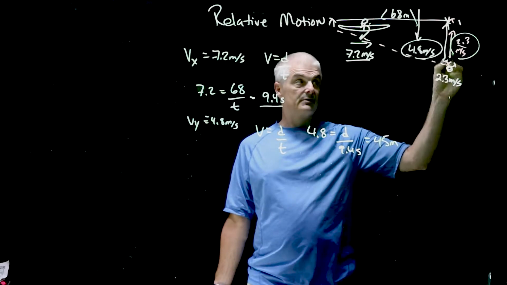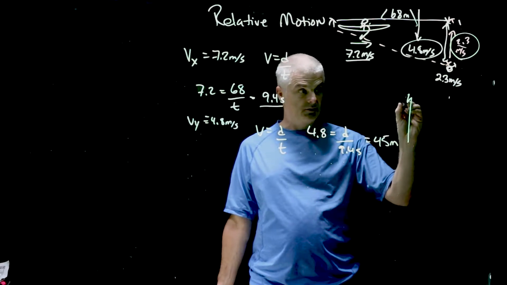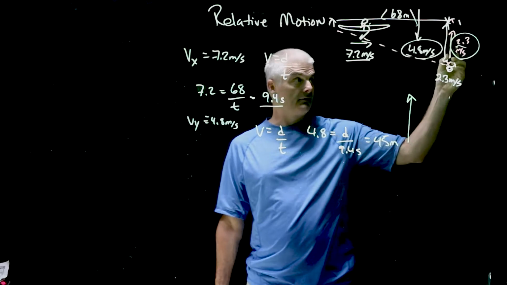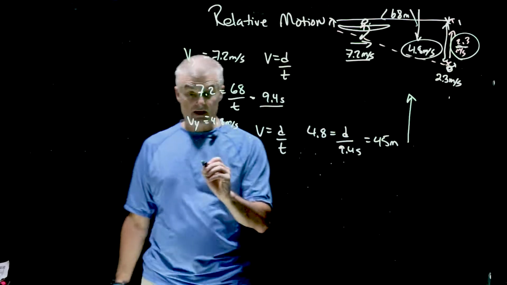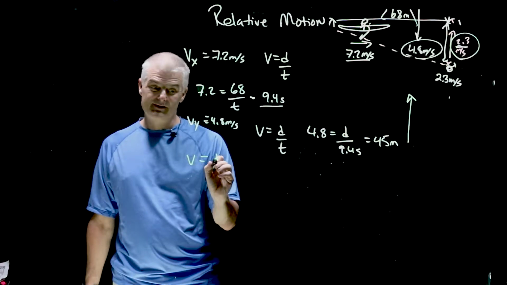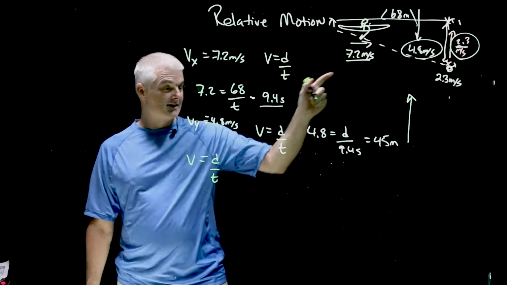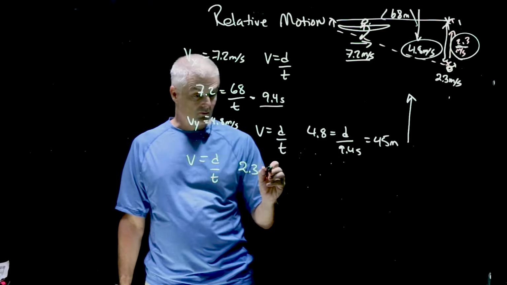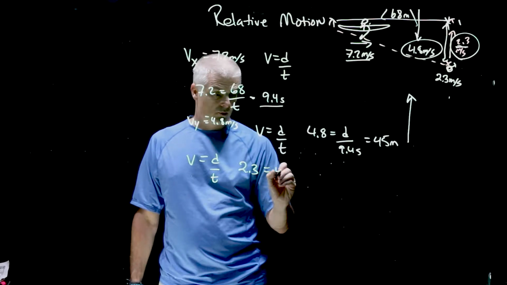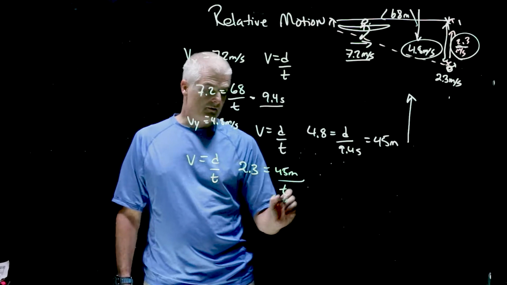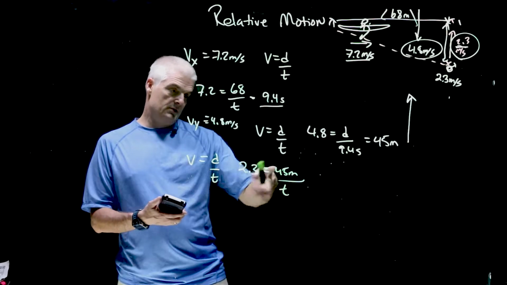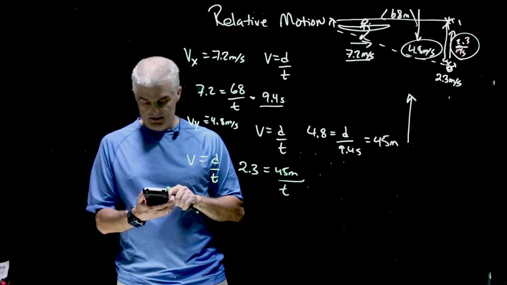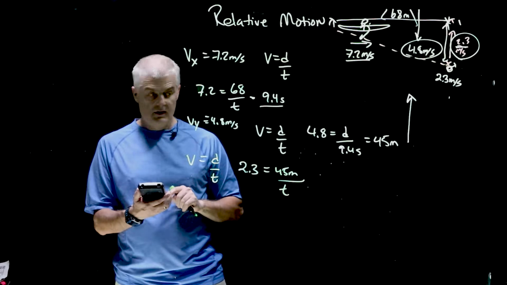Now, I want to figure out how much time to walk 45 meters back to the north, traveling at 2.3 meters per second. So we're going to use V equals d over t. Again, in this case, I know that that's 2.3. That's how fast a kayaker can walk. His distance is 45 meters, solving for time. So that would be 45 divided by 2.3.